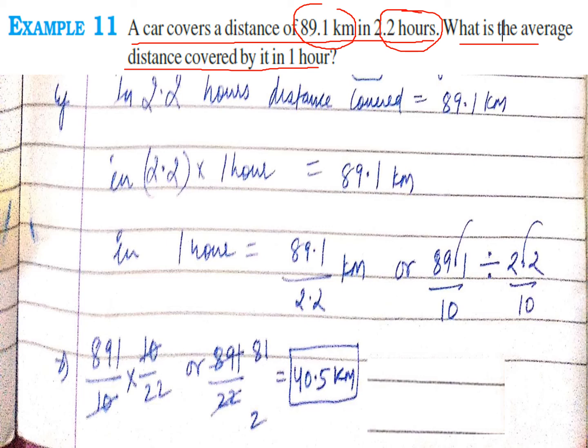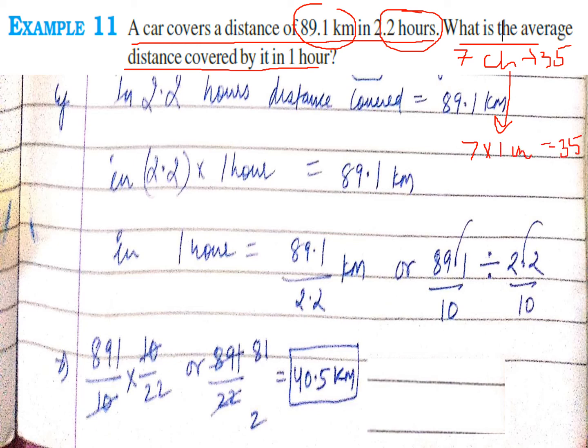If someone says 7 chocolates are for 35 rupees, please tell the cost of one chocolate. What do you do? You say 7 chocolates can be seen as 7 into 1 chocolate equal to 35.